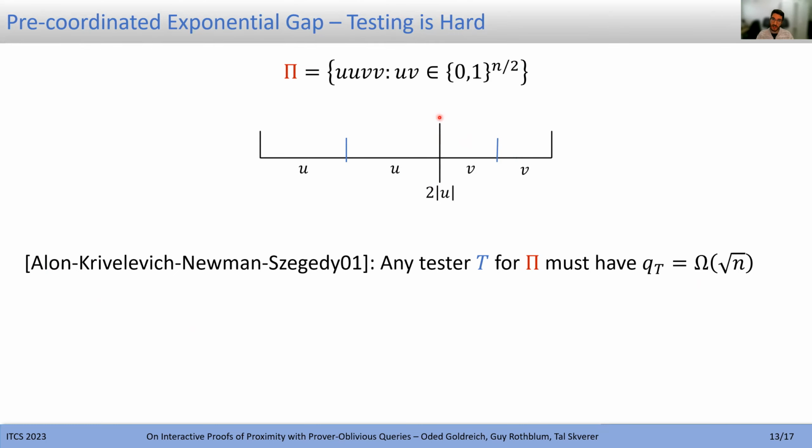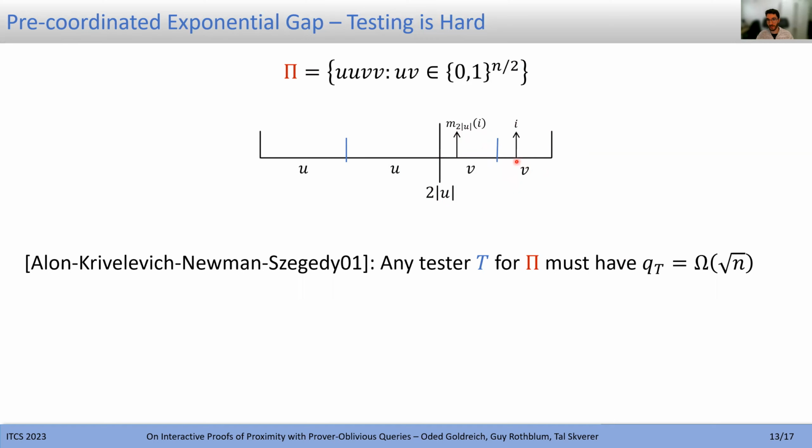Given a cut, we actually can easily test whether a string is in this property or not. The tester will sample a random position in the string i, and now that we have i and the cut at 2u, we can already define the matching position of i in the other copy of the string that we found under the cut 2u.